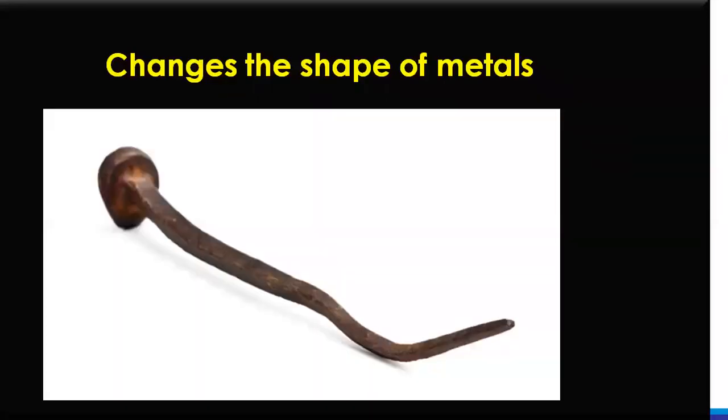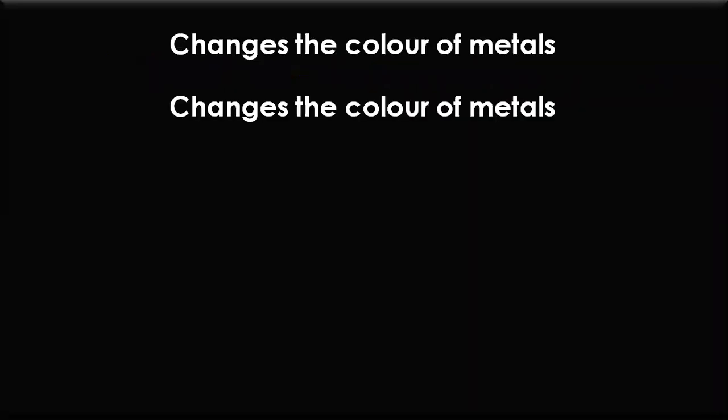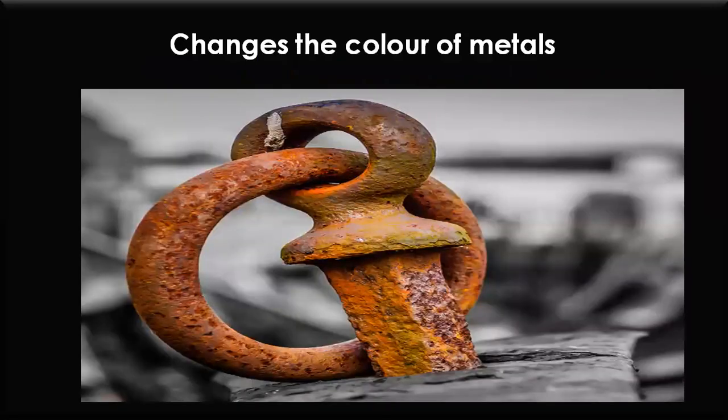We talked about changing of shape. You can see there clearly this metal was once straight, but due to rusting, it has now lost its shape. We talked about changing the color of metals, and like you can see, this metal was once shiny, but now you can see it is no longer pleasant to look at.